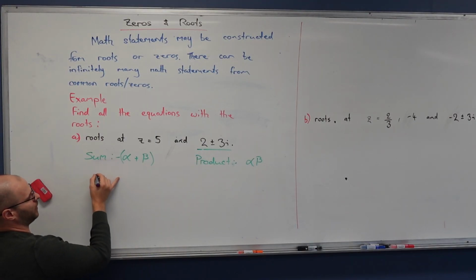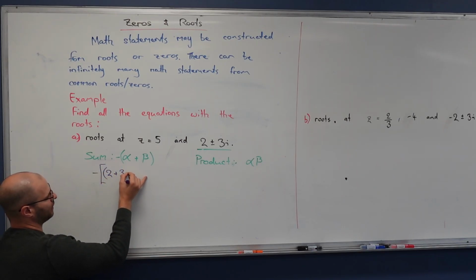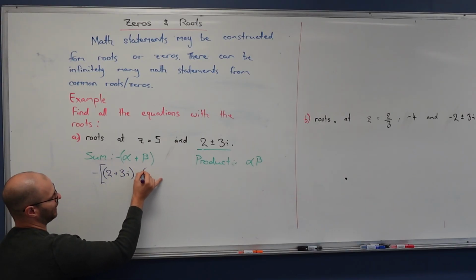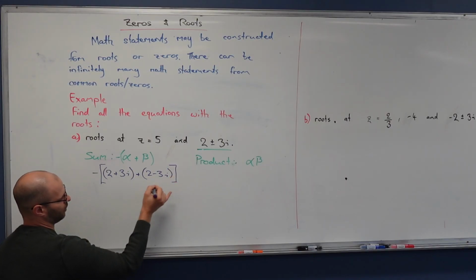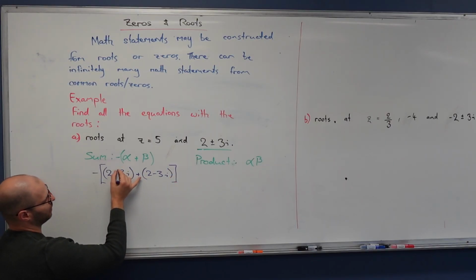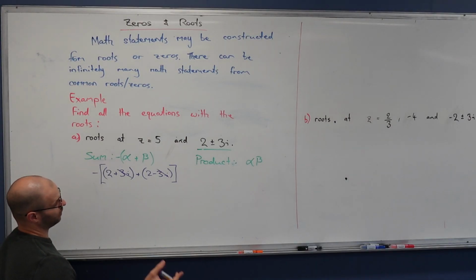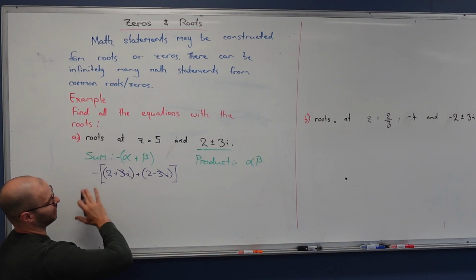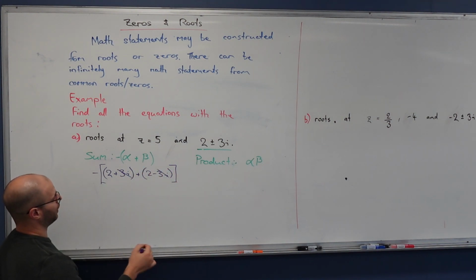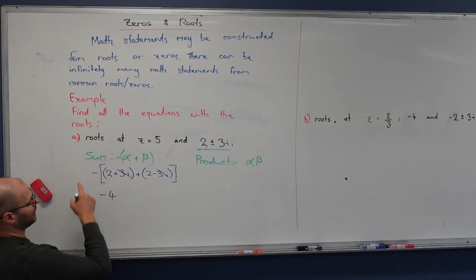If we do this expression over here, we're going to get negative, our alpha will be 2 plus 3i, add 2 take 3i. When we combine these together, it's the conjugates. So when we're adding the conjugates together, the imaginary part goes bye-bye, and we're just left with negative 4. So there's our sum.